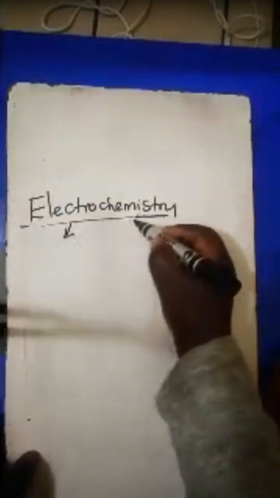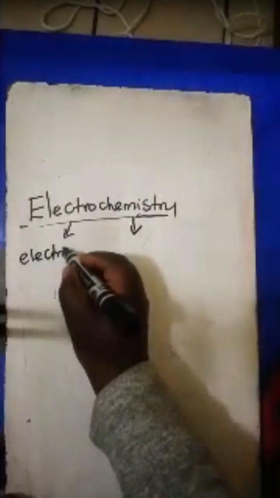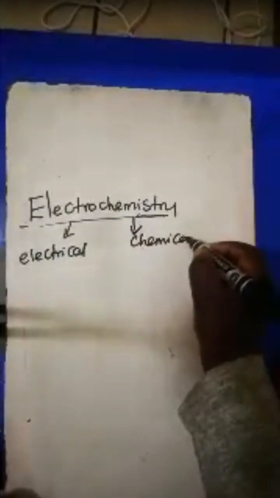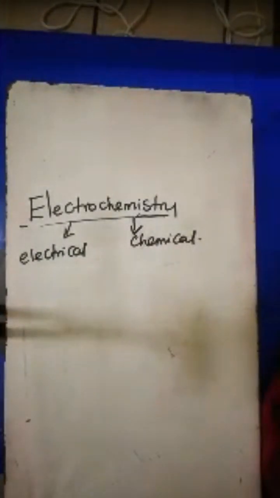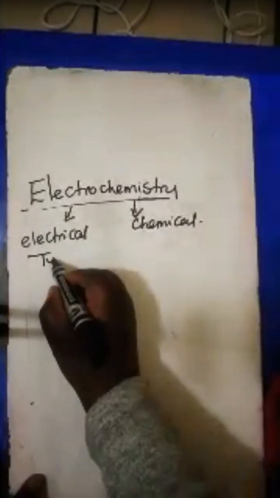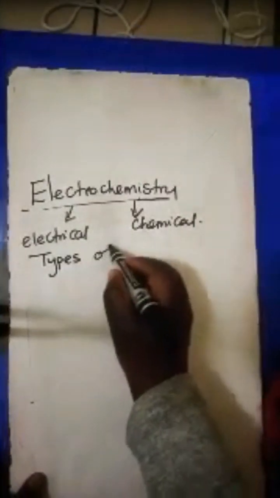Right, when we're talking about electrochemistry, it is a branch of chemistry that deals with two types of energies. From the word itself, you can think of electrical energy, and there is chemical energy. So again, in this topic, we are going to talk about two types of cells.